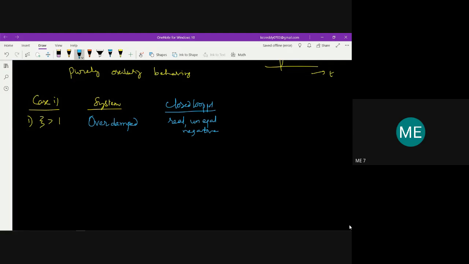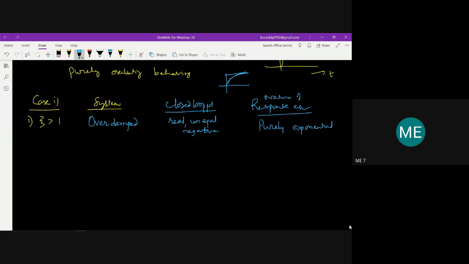Similarly, if you look at the nature of the response equation, as zeta is greater than 1, the response is purely exponential in nature. That's what we have shown in the last class. The behavior of the response is purely exponential as zeta is greater than 1, because it is over damped. So it is a highly damped system, and there will not be any oscillating behavior present in the output of the system.